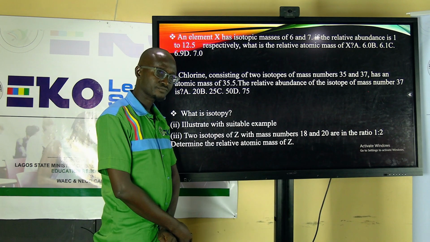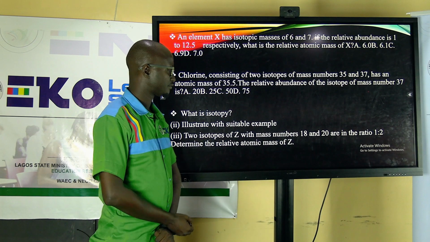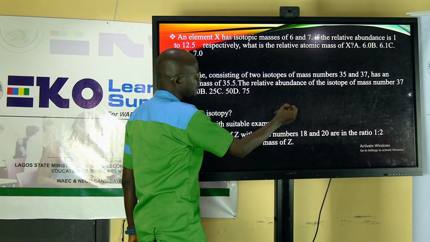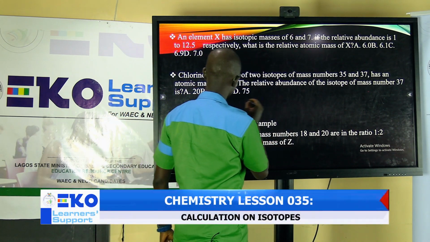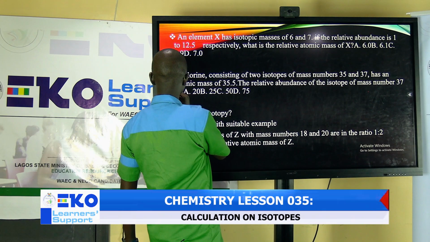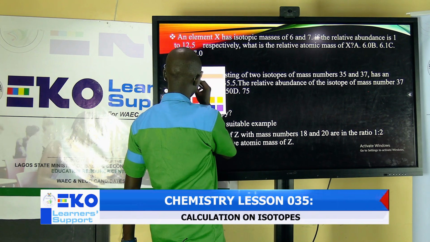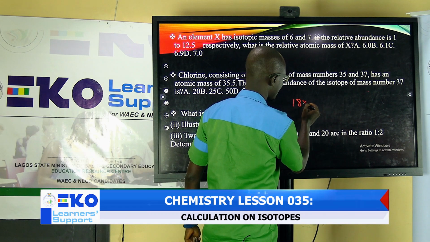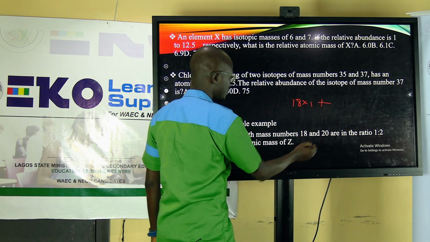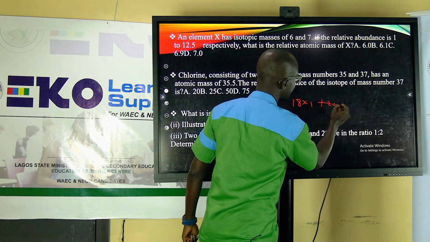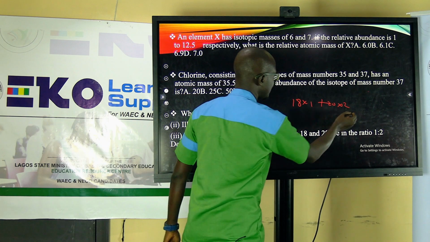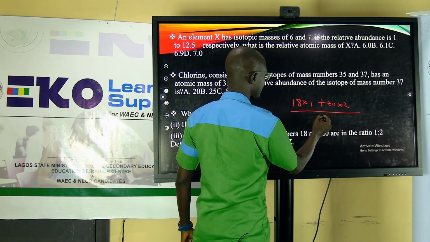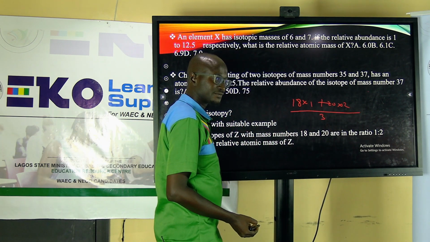What will I do? Very good. That's a good one. So we'll simply say 18 times 1 plus 20 times 2, divided by 3. How did I get 3?